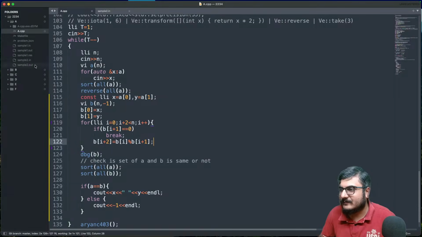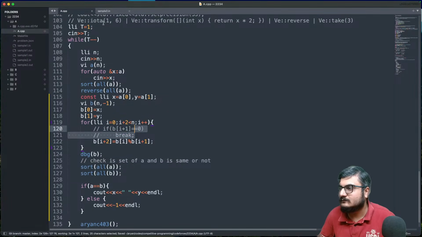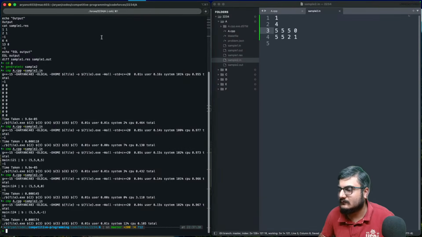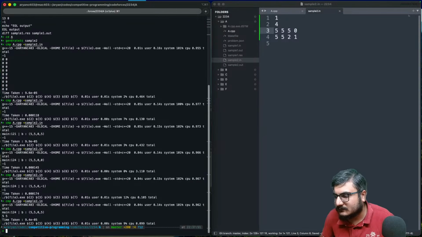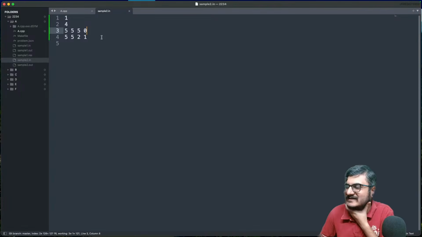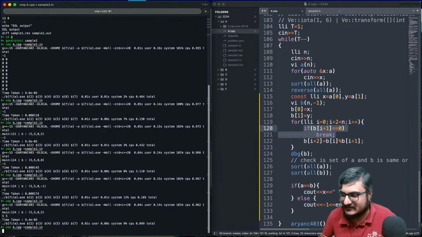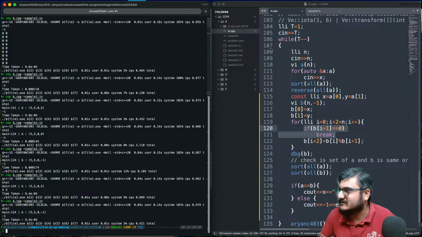Actually, I just found that my solution was incorrect in contest. For example, if I had done 5 5 5 0, and if I am not careful about this being 0, then I can actually print incorrectly. So you need to be a bit careful about this test case as well.